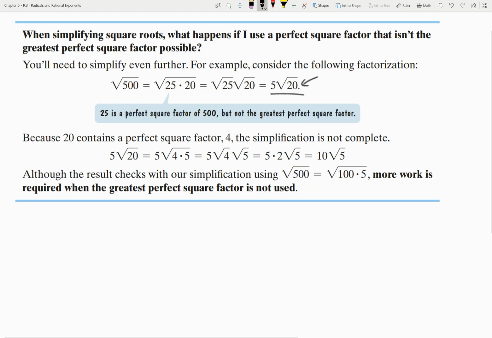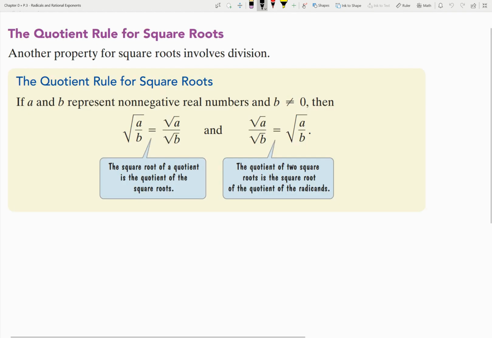But the problem is that 20 has another perfect square factor, and it's 4. So then I would break that up into 4 times 5, and the square root of 4, which is 2, times the 5 that was already outside gives me my same answer of 10 square root 5. The problem here, and it says it in bold, is this is more work if you don't see the greatest perfect square factor. But as long as you in the end get to the answer, that's good.